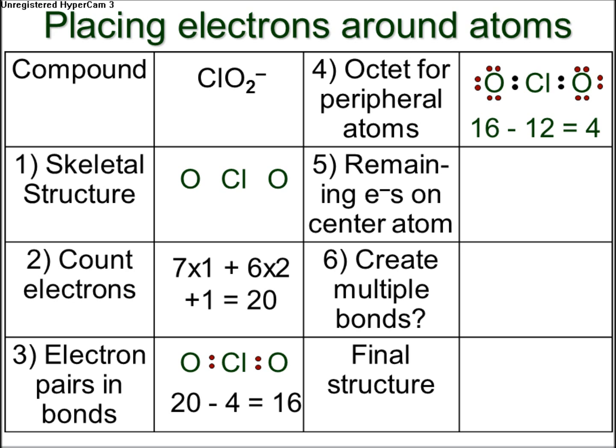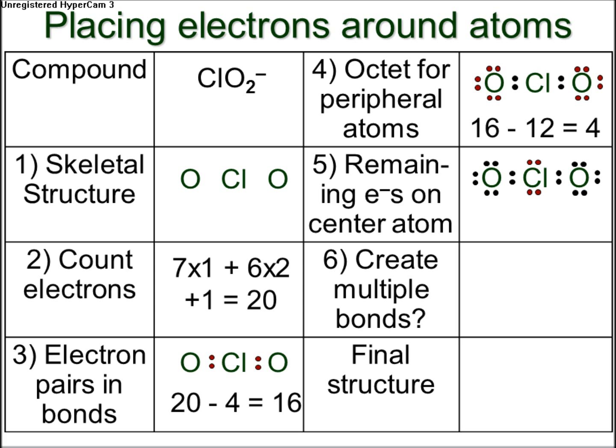We have 4 now for the remaining part. So the remaining electrons will have to go on the chlorine, and that works out perfectly because the chlorine needed those 2 more electrons.